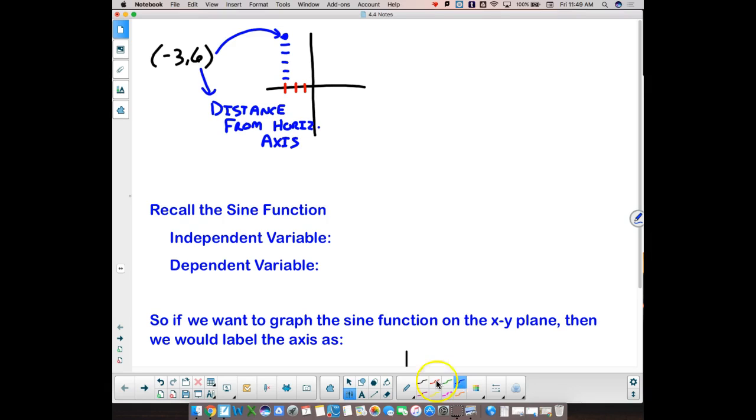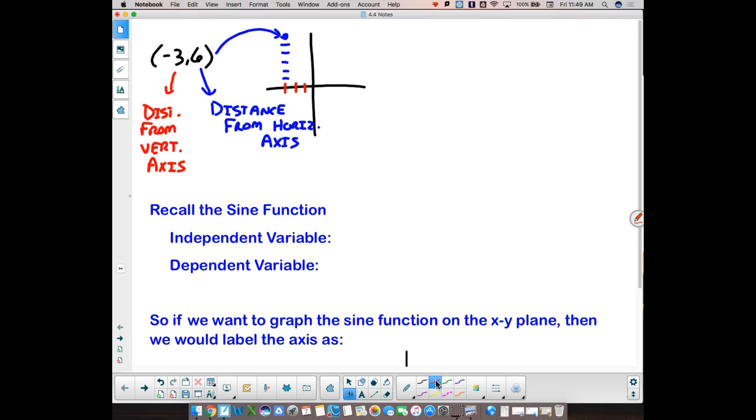What does the 3 represent then? Distance from the vertical axes, right? Wonderful.